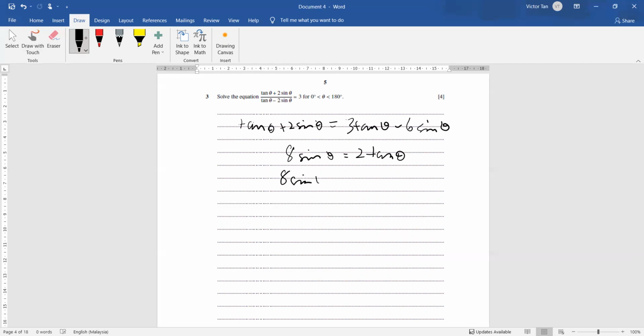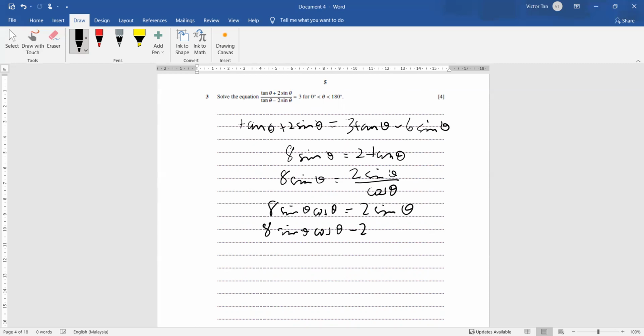Substituting your identity of tangent theta, you get 8 sine theta equals 2 sine theta over cos theta. Multiplying by cos theta, 8 sine theta cos theta equals to 2 sine theta. So you need to factorize. Don't divide by sine theta.